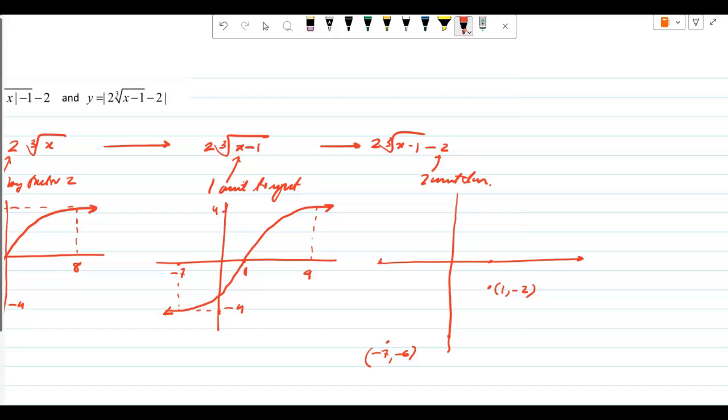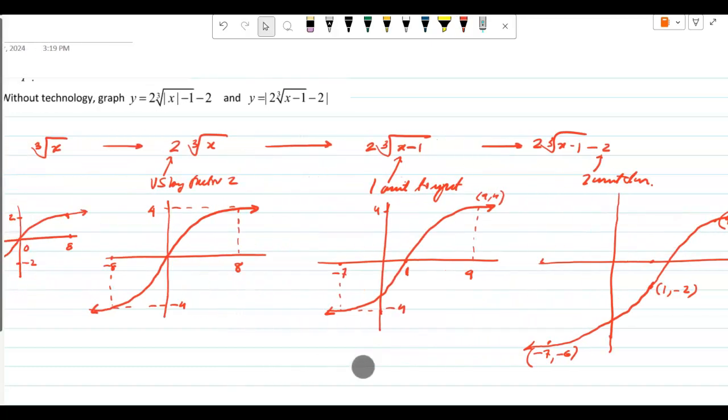Correct? 9, 4 will become? 9 comma 2, because you minus it by 2, going 2 units down. Right, sorry. Correct?